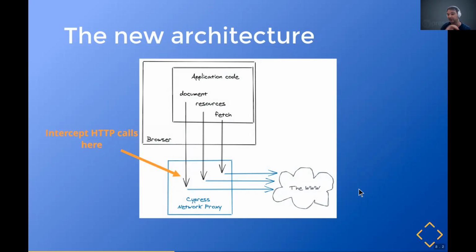And that was that way forever. That's how it worked from the very beginning. So all requests were proxied. The only thing is that we never actually did anything with those requests. We only injected things like document.domain to allow Cypress to work, but we never had code to do anything else. So now we added code to intercept HTTP calls from the application, but do it inside the Cypress network proxy, outside the browser.